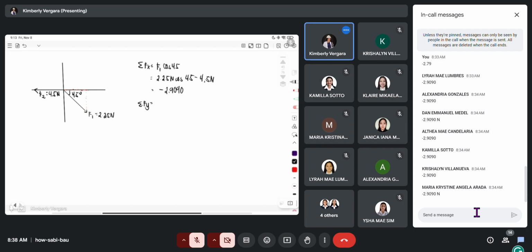Siya ay naka-opposite. So, F1 sine 45, minus. So, si F1 is pababa. So, ito yung negative. And then, si F2, may F2 ba tayo? Wala po sa Y, kasi nakalay na po siya kay X component. Negative F1, 2.25 sine 45.